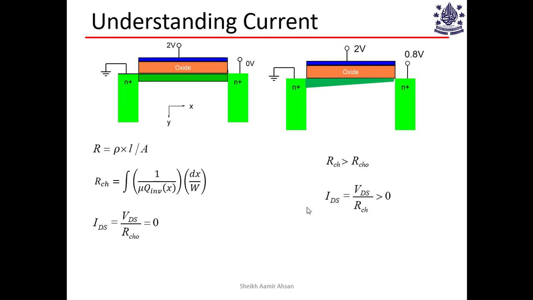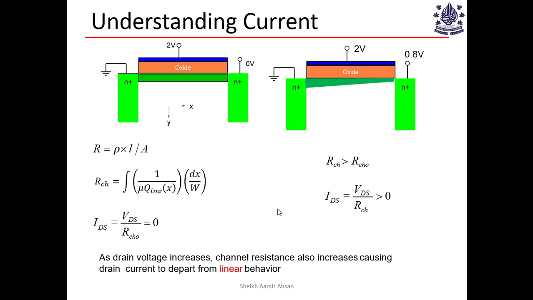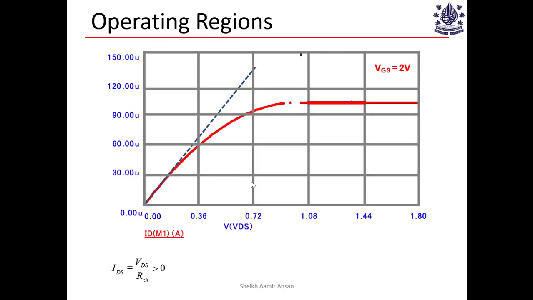Therefore, the overall linear behavior that was expected between the current and the voltage no longer holds true. So you see that as drain voltage increases, channel resistance also increases, causing the drain current to depart from its linear behavior. And therefore you'll see this kind of behavior if you apply some drain to source voltage.